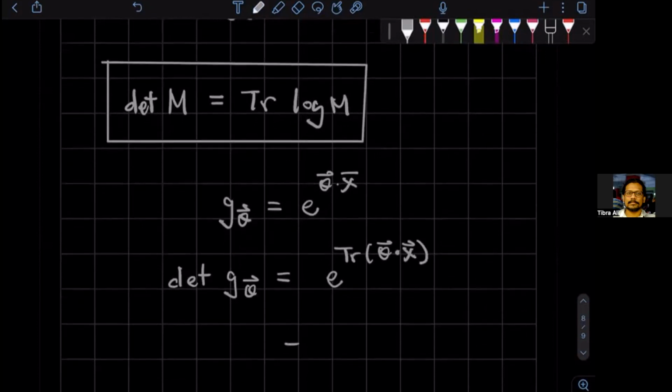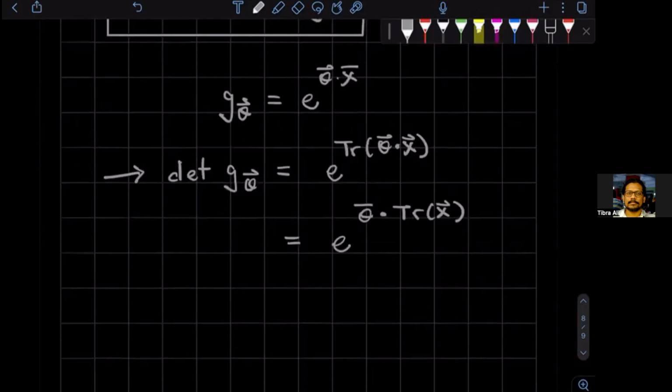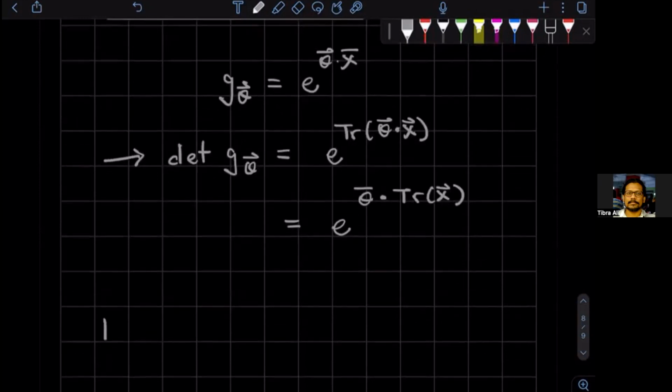Trace is a linear object, so I can actually write it as theta dotted with the trace of x vector, okay? But if I look at the right-hand side of the equation, it has the form of e to the power some real number.